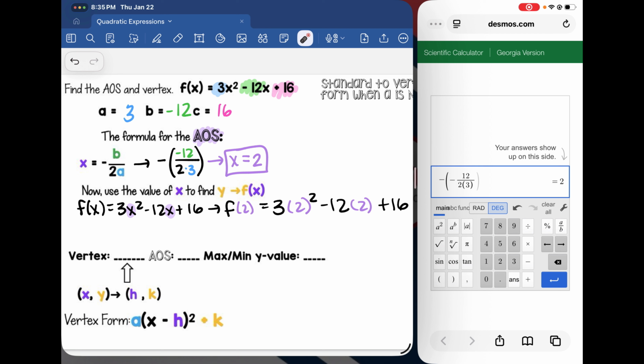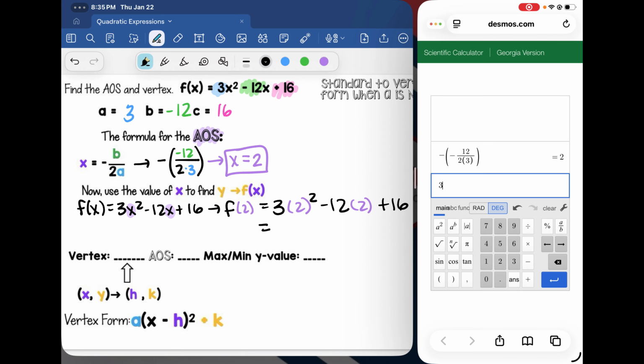Now I put it in the calculator. 3, open parentheses, 2, squared minus 12 times 2 plus 16. And my y value, f of 2, is equal to 4.